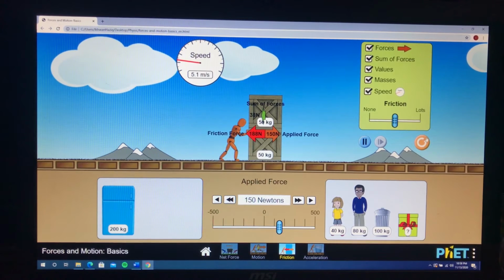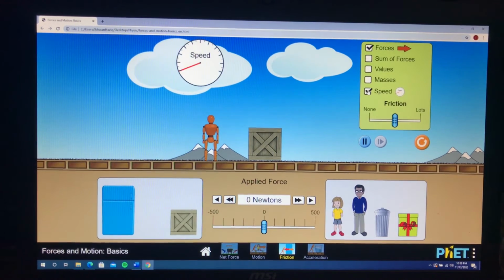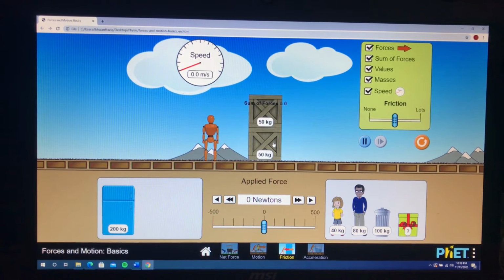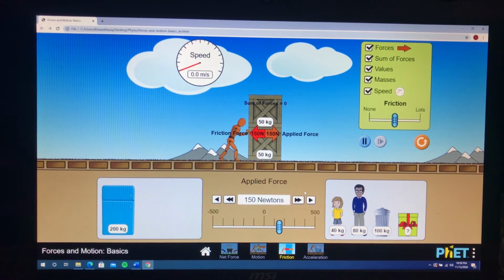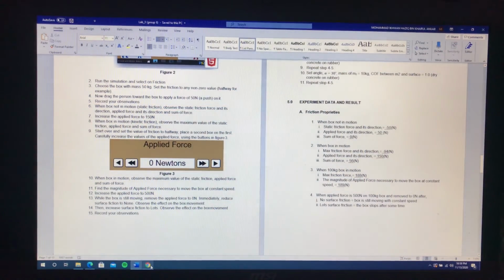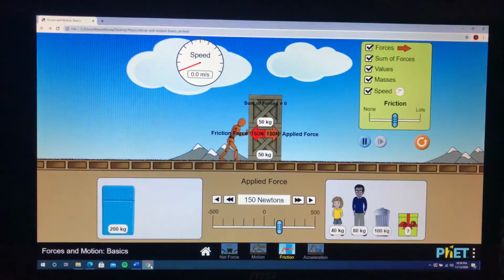Okay, never mind, I can replay it. So take all of it, take another box to get 100 kg mass. Applied force is 150 Newton, just apply when in motion.